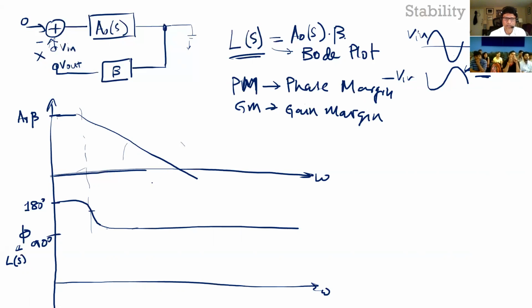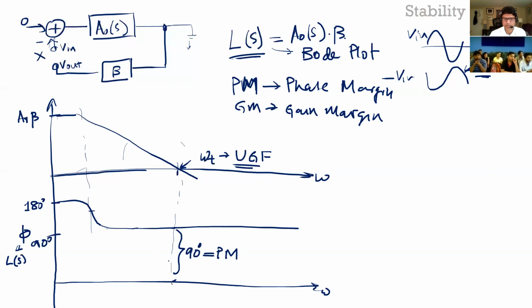So for the closed loop amplifier to be stable, when the loop gain crosses 0 dB, or in linear gain of 1, which is called the unity gain frequency, then your phase margin is defined as this phase from 0 degrees. So like for example here, it's 90 degrees. So that's your phase margin.